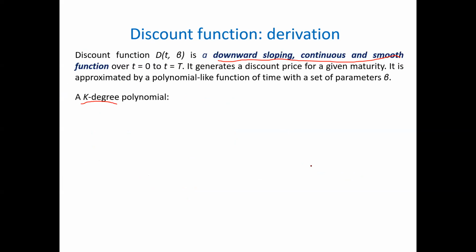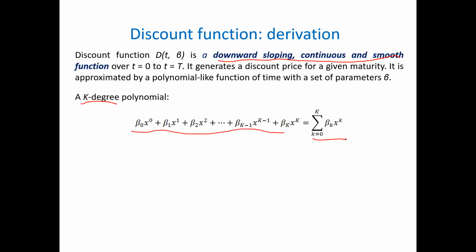I remind you, for those who do not remember, this is our k degree polynomial. This is its extended form, and this is its condensed form. As you can see, this is simply a summation, and we have k plus 1 terms, because we start with 0.